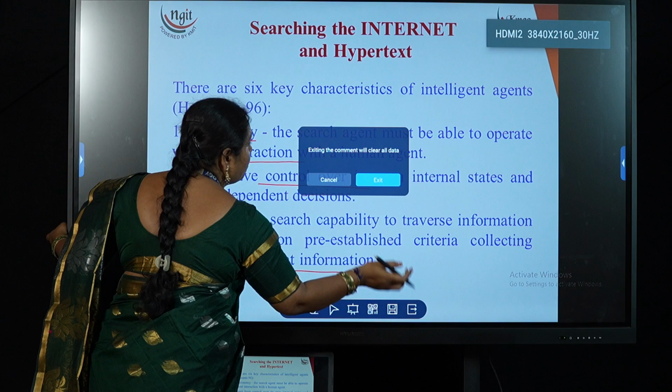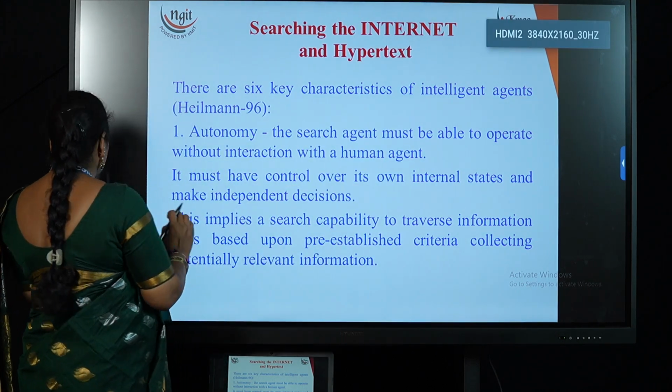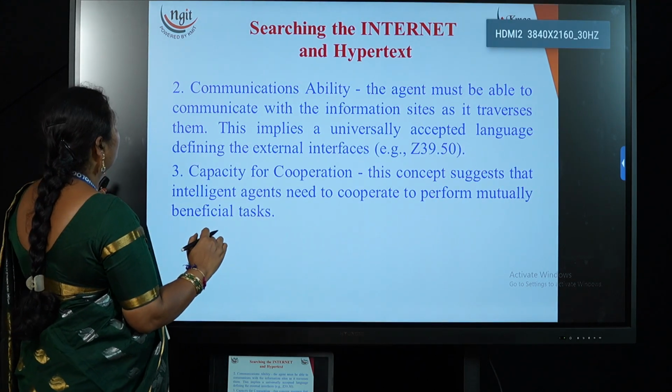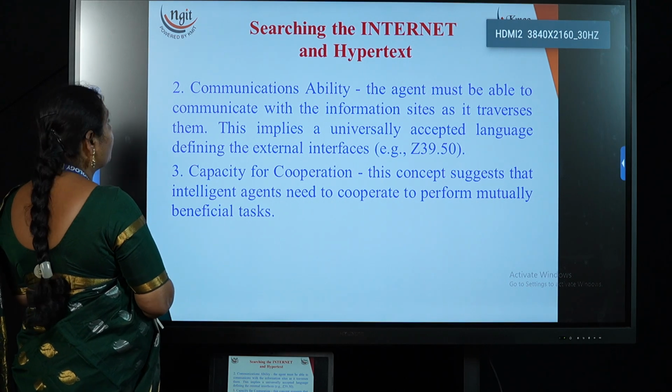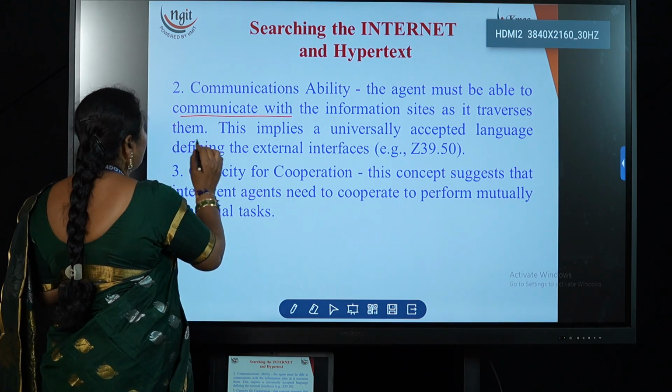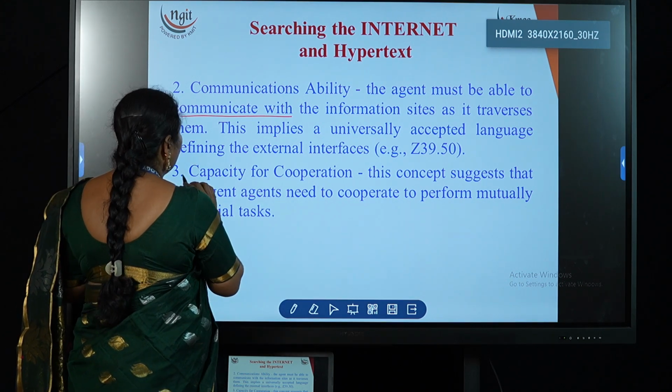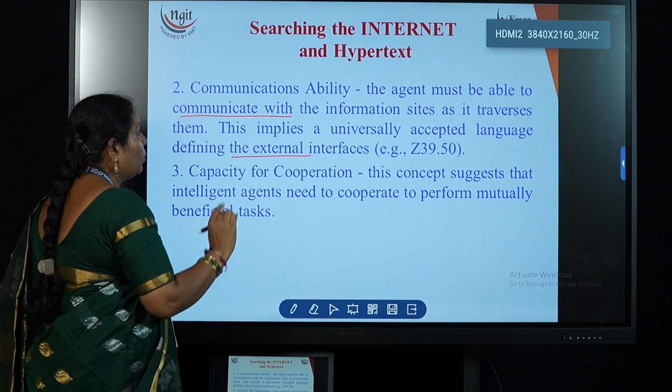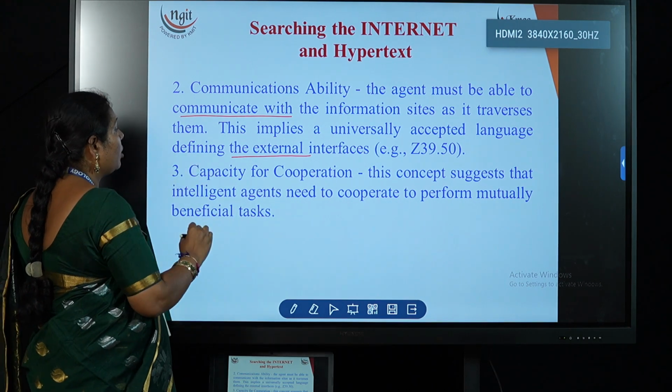So these are the three important points for autonomy. So what is the next one? Communication ability. So here the agent has to communicate with the information and it has to traverse. So it should not rely on only one site, it should communicate with all other sites.